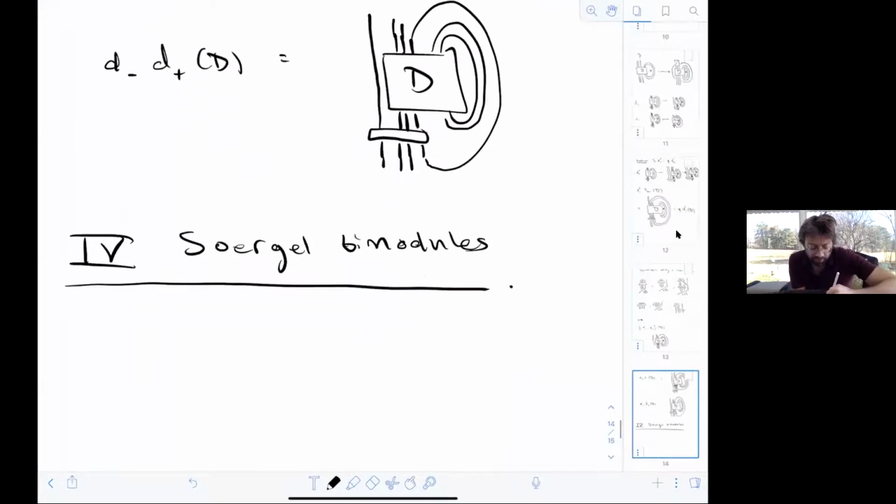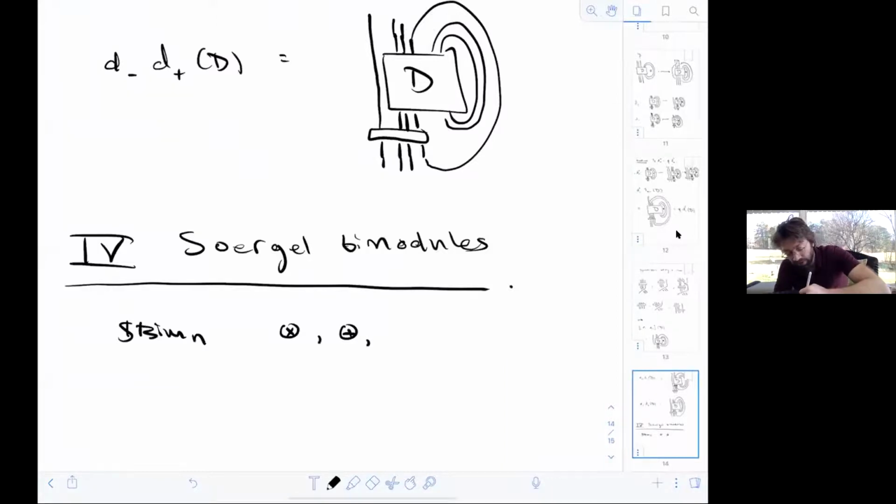There's a category called the category of Soergel bimodules, which is a categorical analog of the Hecke algebra. This is a monoidal category, so it has a notion of tensor product. It is an additive category, so it has a notion of direct sum. And it's a graded category, so it has a notion of grading shift. Tensor product, direct sum, and grading shift.